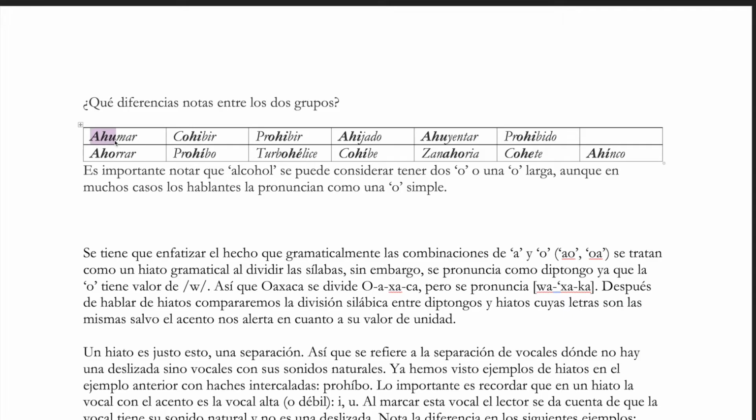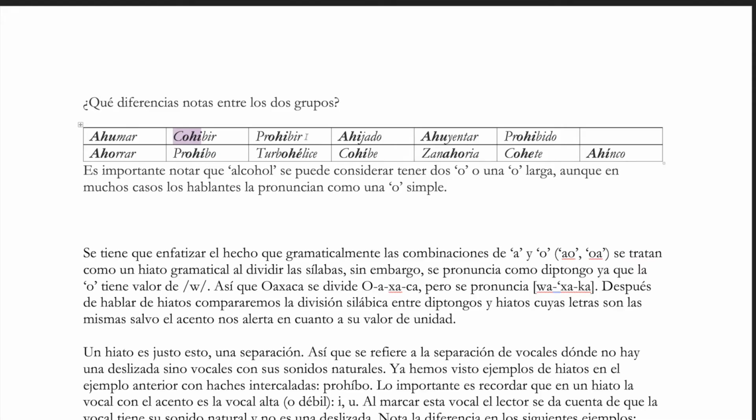I don't know many people, and by many people, I don't know a single person that pronounces this word ahumar. I've never heard it, but if you have, have fun in the comments. Let me know. The stress would be at the end, so ahumar. Right here, it's going to become a diphthong as well. Cohibir, prohibir.